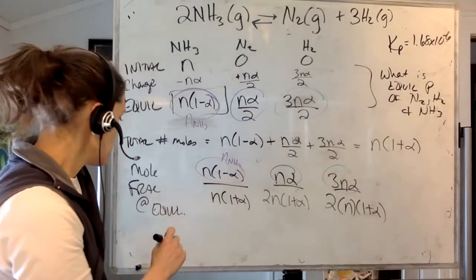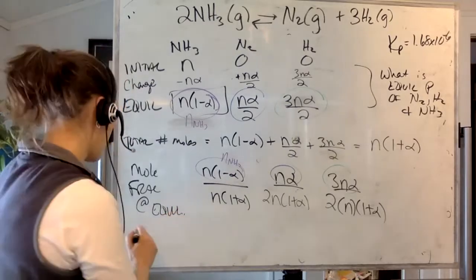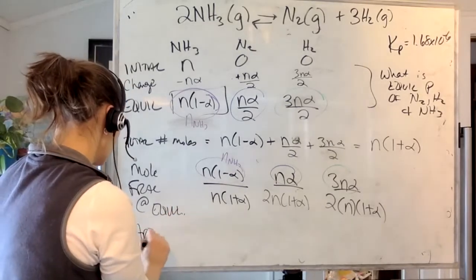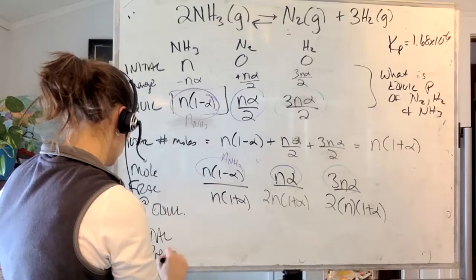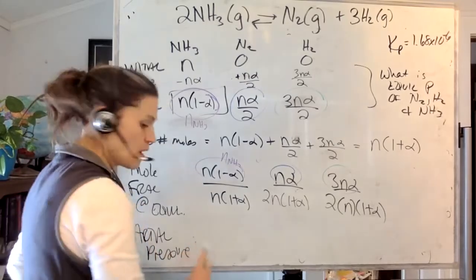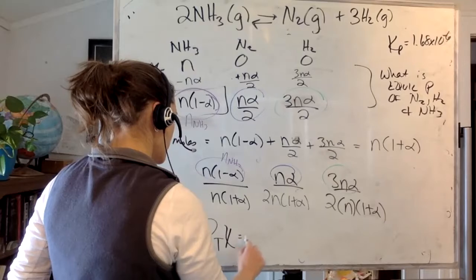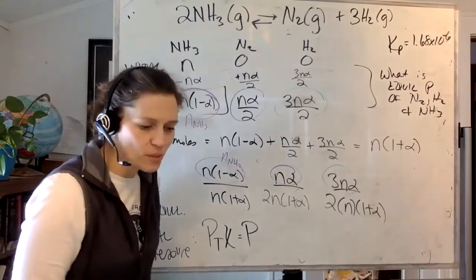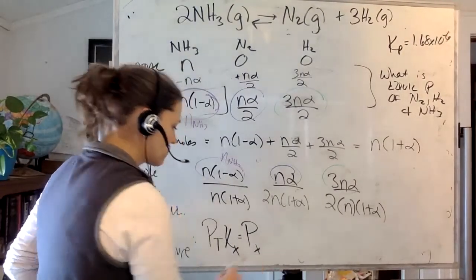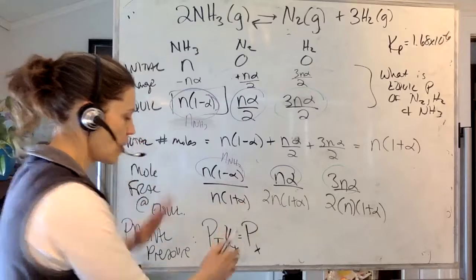Go team. So now I want to convert this to the partial pressure. And I know that P total times the mole fraction is equal to P of each of our independent components.